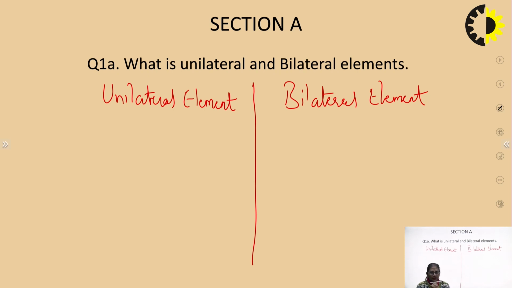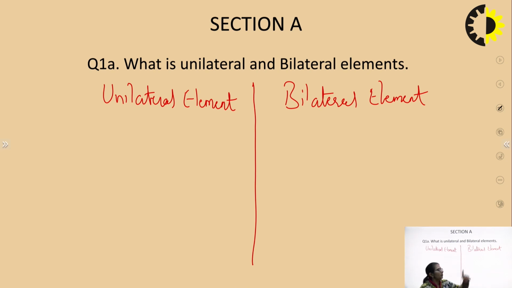Now, if I reverse the terminals, the current enters from terminal B and leaves from terminal A. In this case, will the resistance offered by the same resistor vary? No. That means its characteristic behavior, its property, is intact even when there is a change in the direction of the flow of current through it.